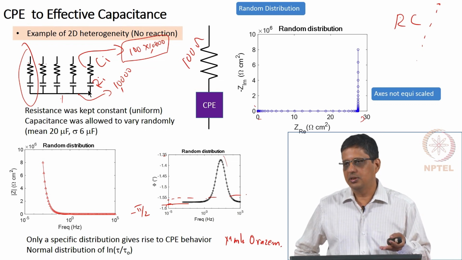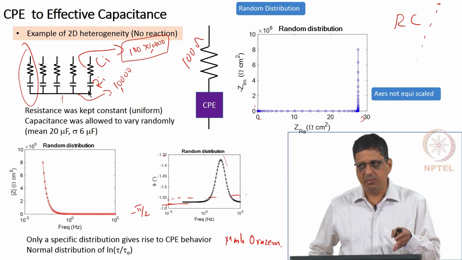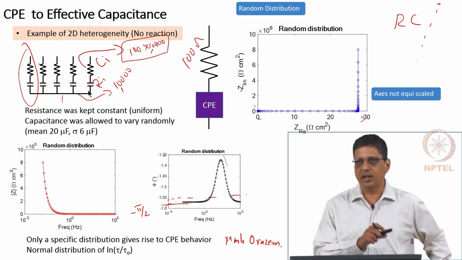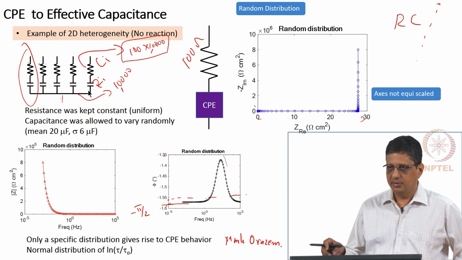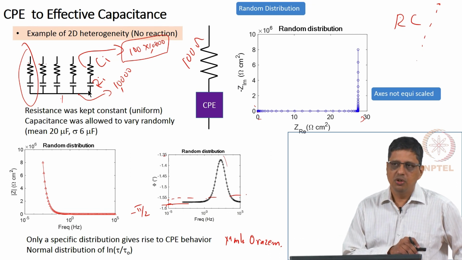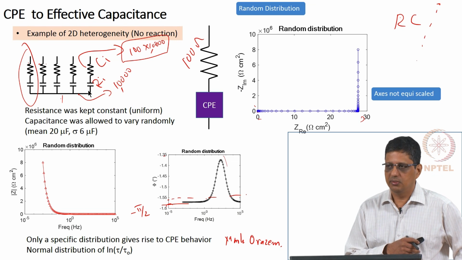So, I chose 10,000 numbers, I am recalling from memory, I do not remember exactly what number I chose, but somewhere around that. 20 or 25 ohms for the final value, that means I have to choose 25 into 10,000.